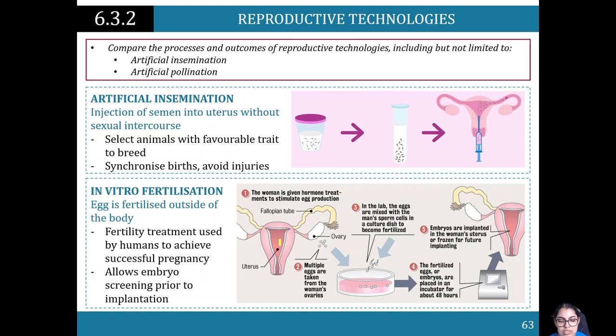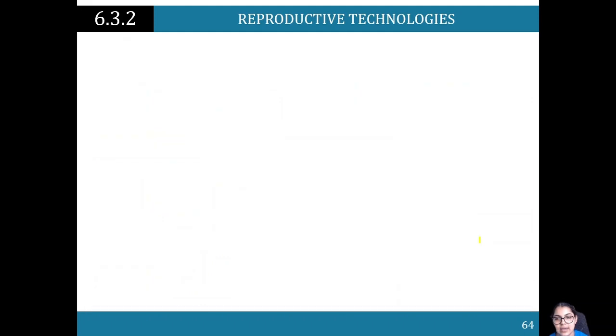Multiple eggs are then taken from the woman's ovaries. In the lab, the eggs are mixed with a man's sperm and cultured to become fertilized. Once fertilized, they're placed in an incubator for 48 hours, and then they're planted in the woman's uterus, or frozen for future implanting.